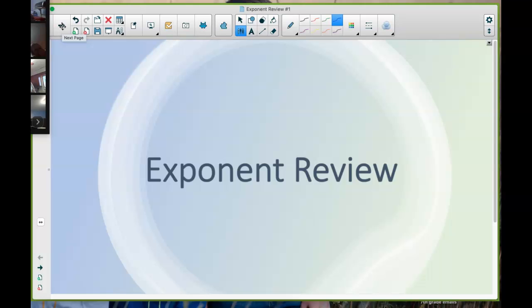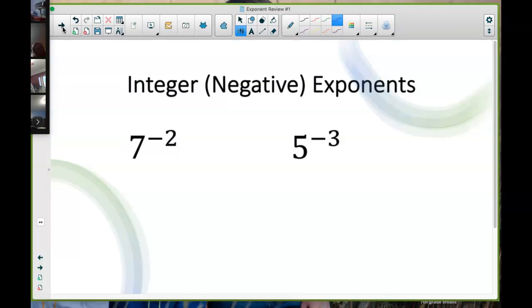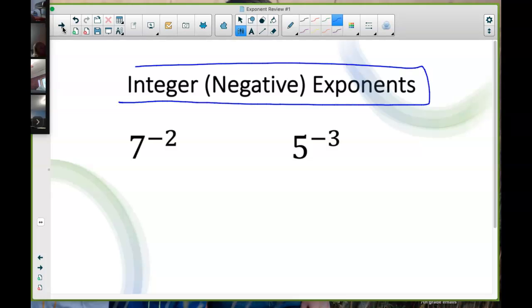So here is one of the first things we covered in this unit: integer or negative exponents. Write this in your notes, and I'll give you a second to write.